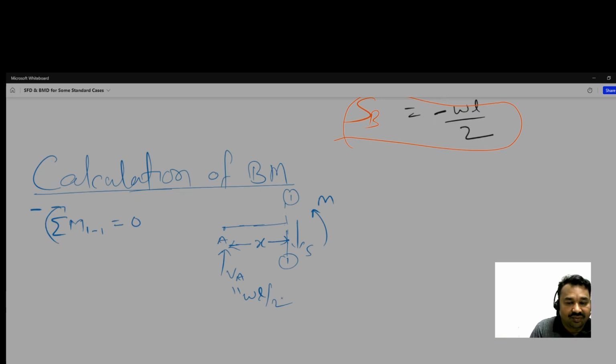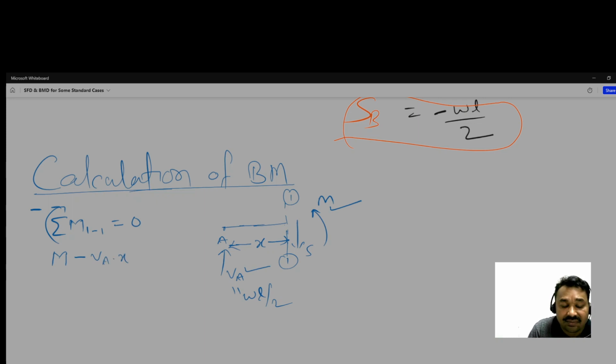Clockwise we are taking negative, so here M with positive sign, and VA is acting clockwise, so with minus, and the perpendicular distance is x.